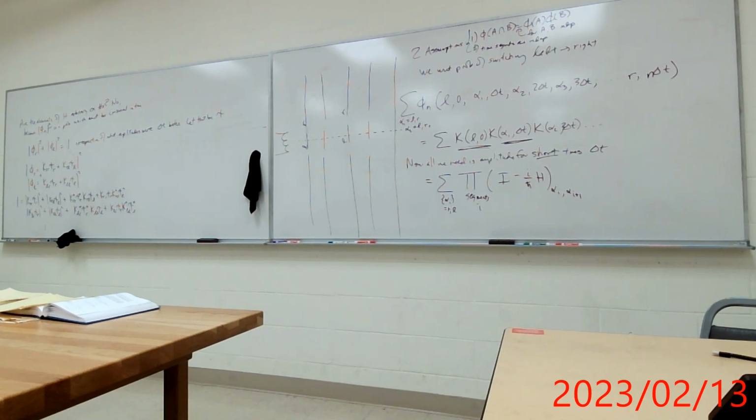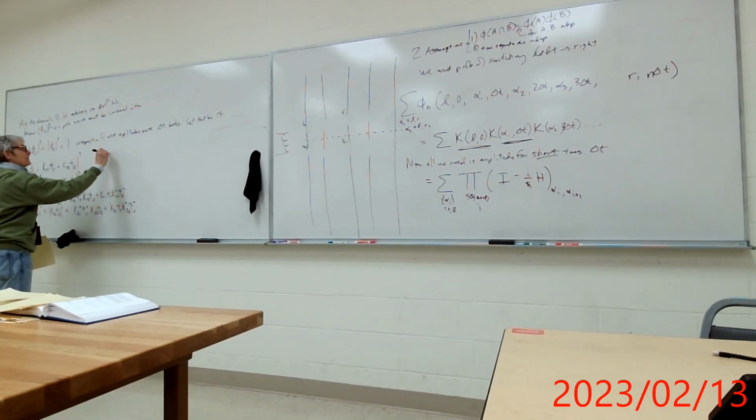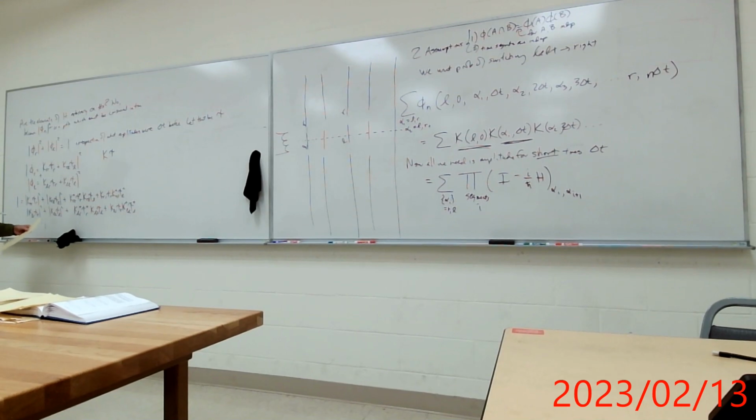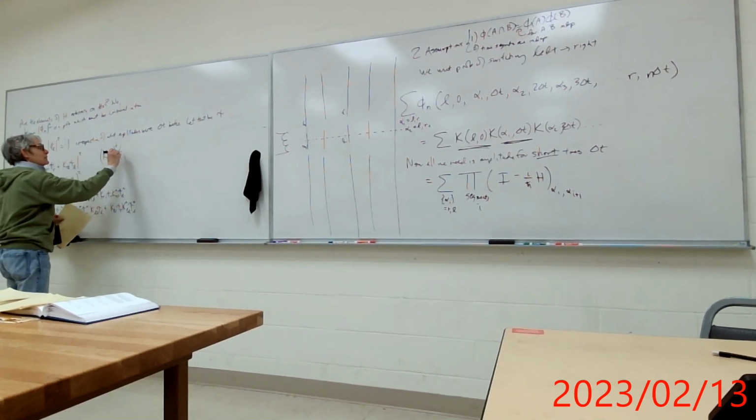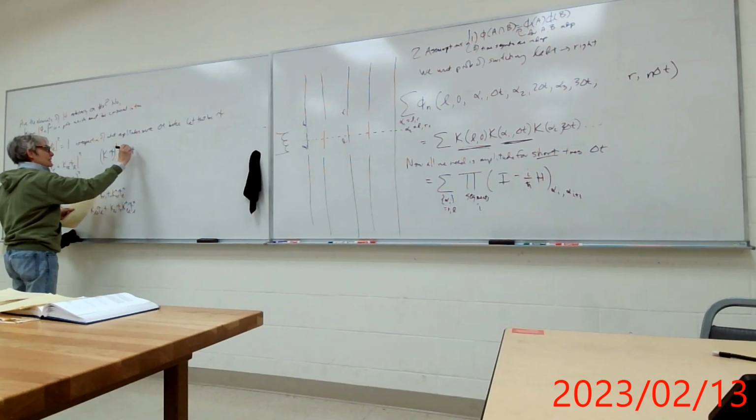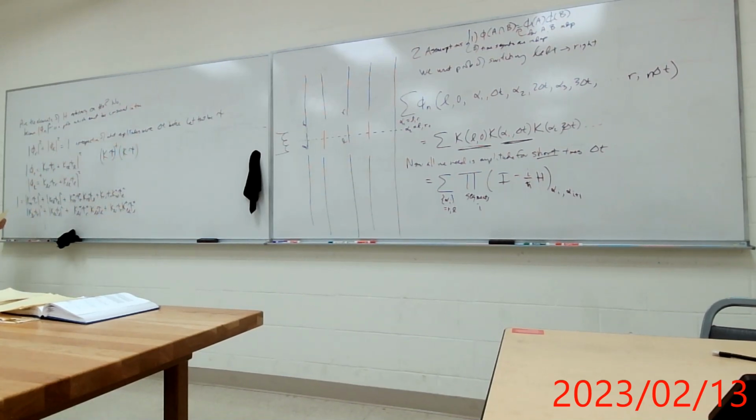Because this is the same thing as the matrix K times the vector psi, dagger, times the matrix K times the vector psi, undaggered, where the dagger means the complex conjugate transpose.